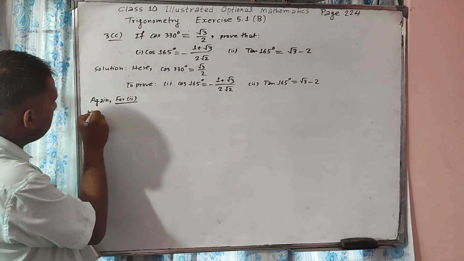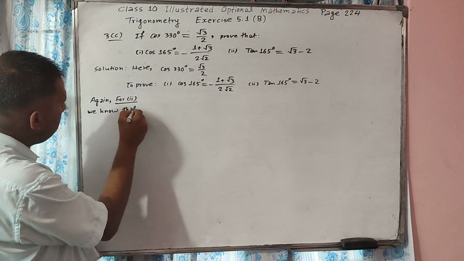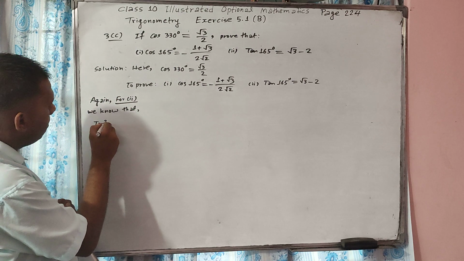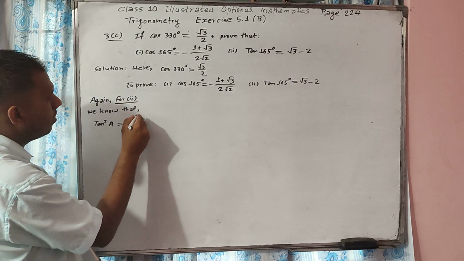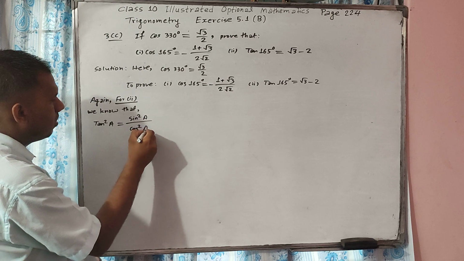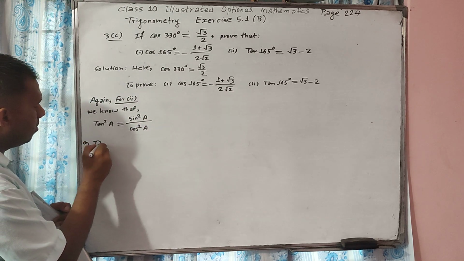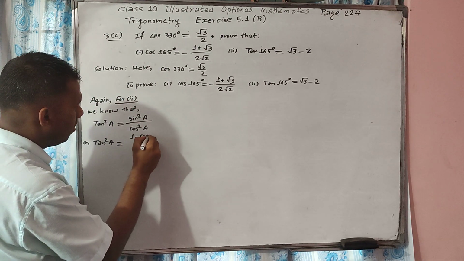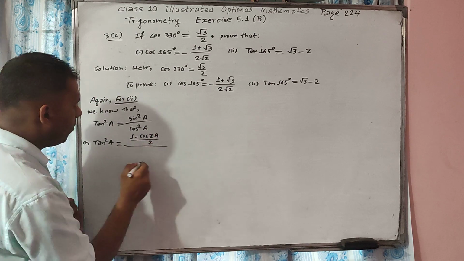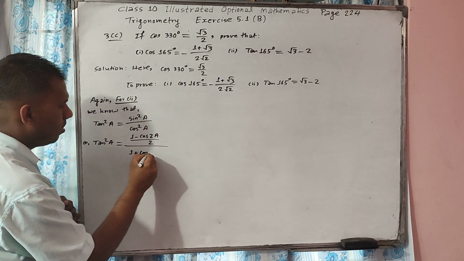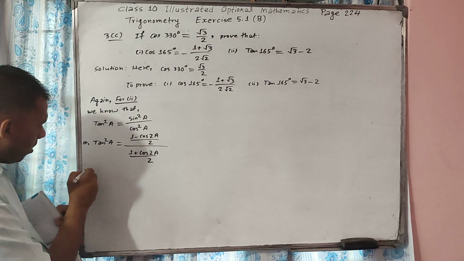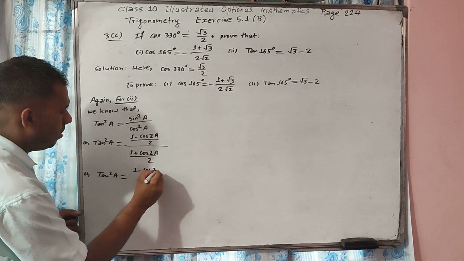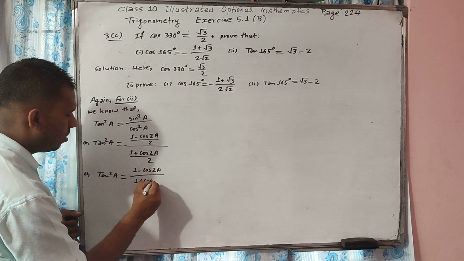We know that tan square A equal to sin square A upon cos square A, or tan square A equal to sin square A, that is (1 minus cos 2A) whole upon 2, upon cos square A, that is (1 plus cos 2A) whole upon 2, or tan square A equal to (1 minus cos 2A) whole upon (1 plus cos 2A).